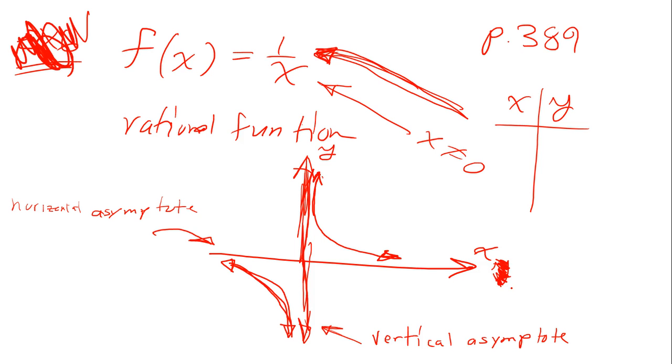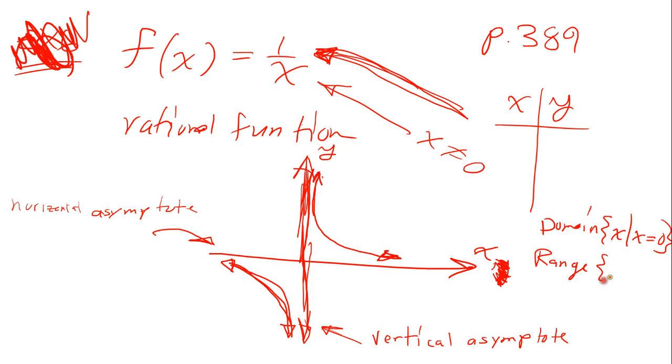So basically your domain clearly is x such that x is not equal to 0. Now, let's say you didn't know what the range of this was, and you wanted to figure out the range.